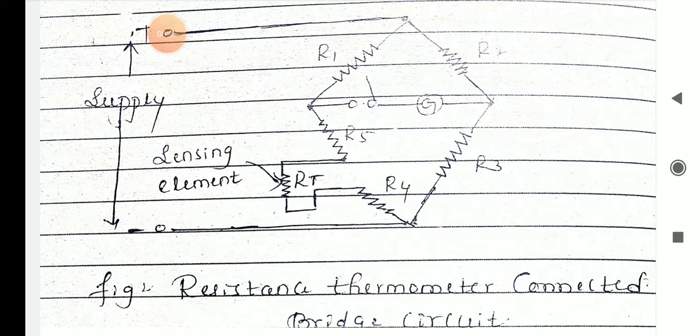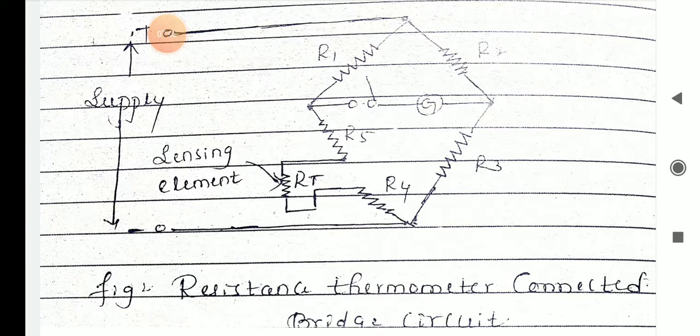So you have to take the conditions. At balance condition, the ratio of the resistances is given by R2 by R3 is equal to R1 divided by R4 plus RT plus R5.